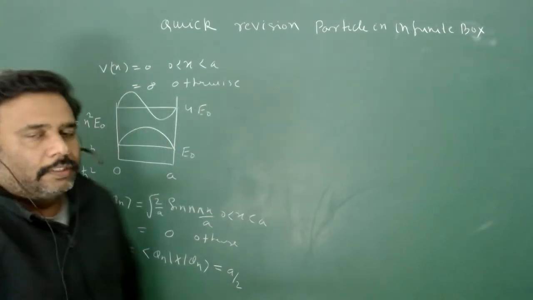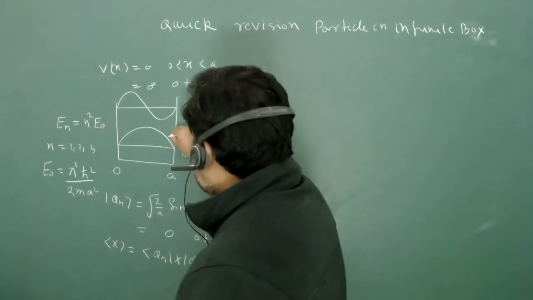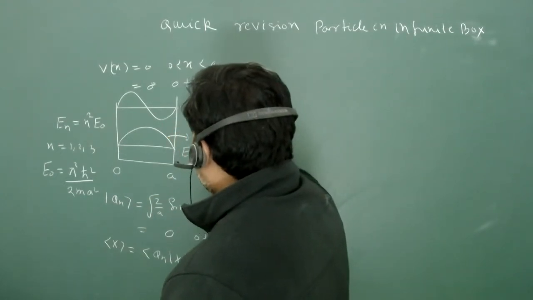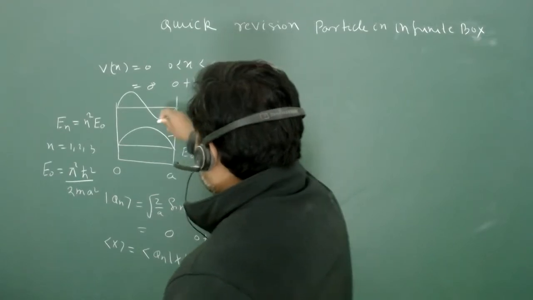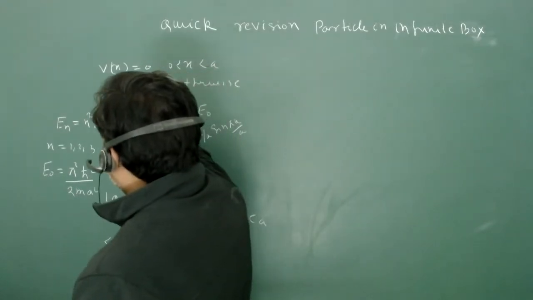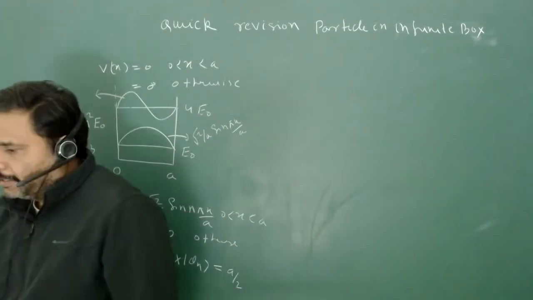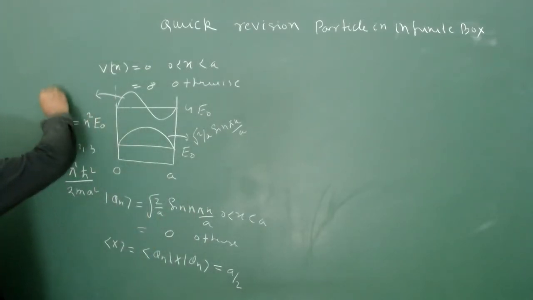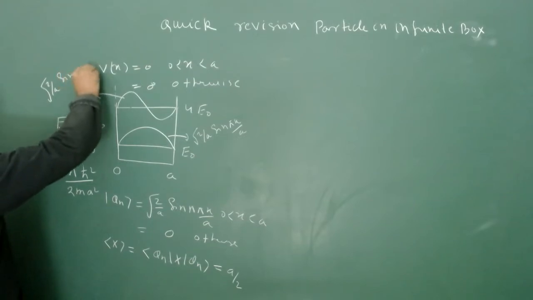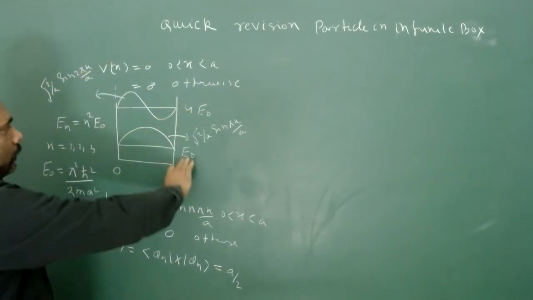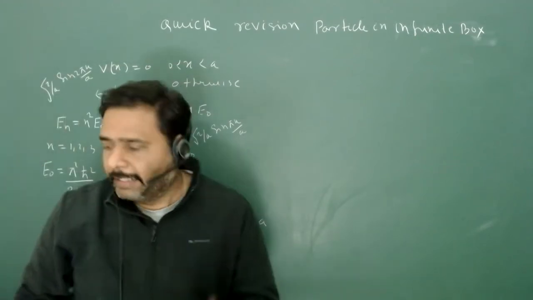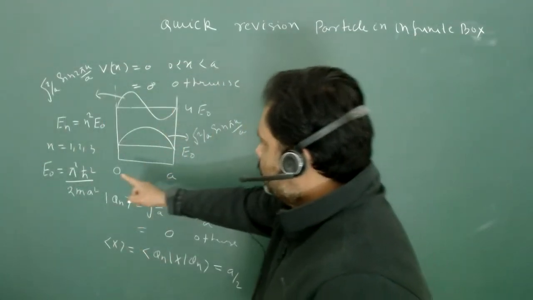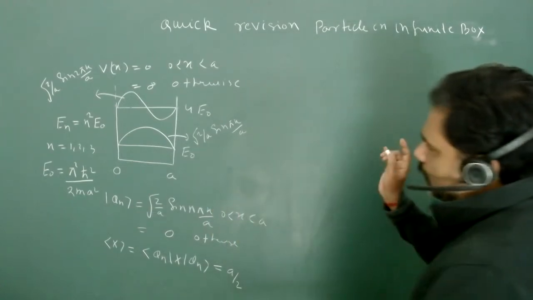At least you should remember these two wave functions: root 2 upon a sine pi x upon a, and root 2 upon a sine 2 pi x upon a. The energy eigenvalues are E naught and 4 E naught, because the energy eigenvalue is proportional to n square.